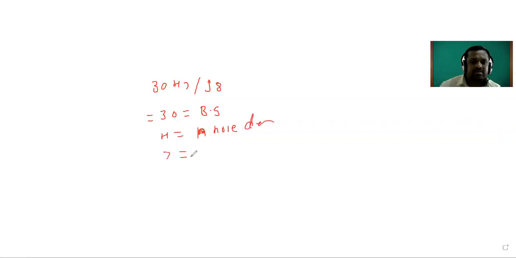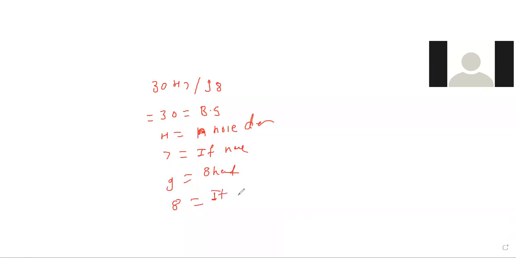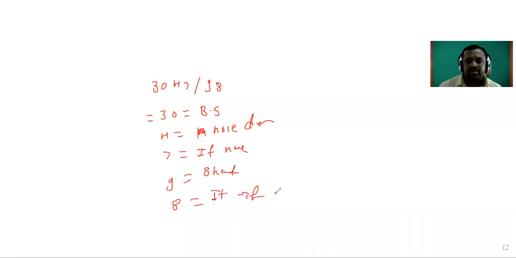Then what is meant by 7? IT grade of tolerance of the hole. Then G8 indicates the shaft deviation, and the IT grade of tolerance for the shaft.